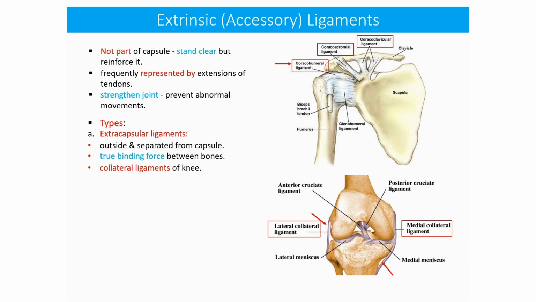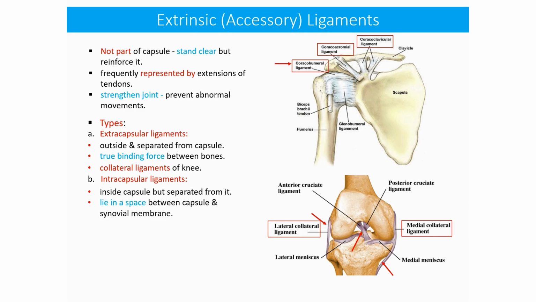Examples are the collateral ligaments of the knee. The second group is the intracapsular ligaments. They lie inside the capsule but are separated clearly from it. They lie in a space between the capsule and synovial membrane, and an example is the cruciate ligaments of the knee joint.